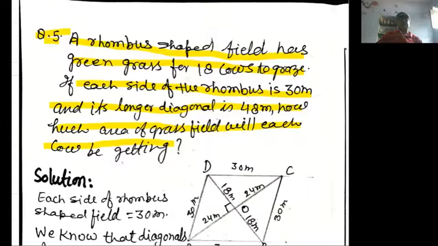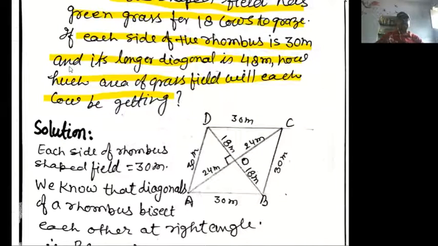Here you can see in the figure ABCD is a rhombus whose all sides measure 30 meter. AB equal to BC equal to CD equal to DA, 30 meters. And the longer diagonal AC is 48 meter, 24 and 24.